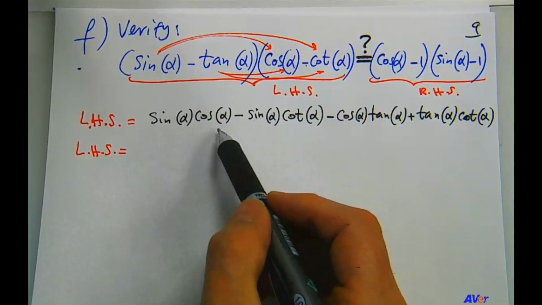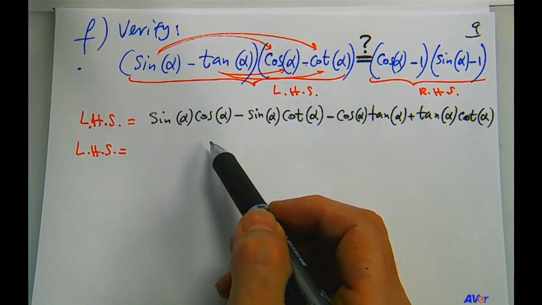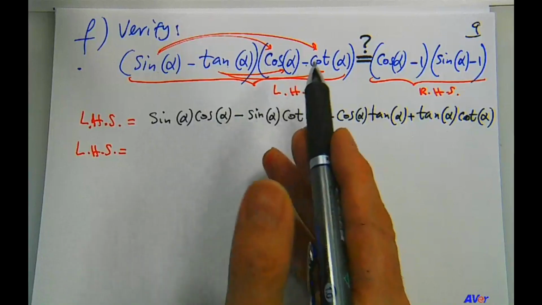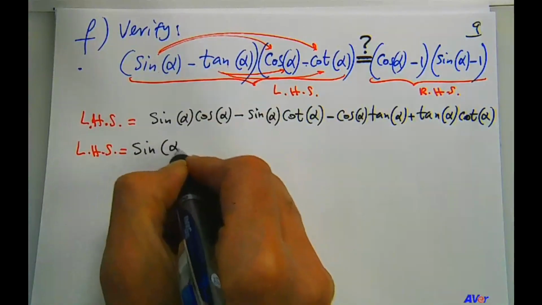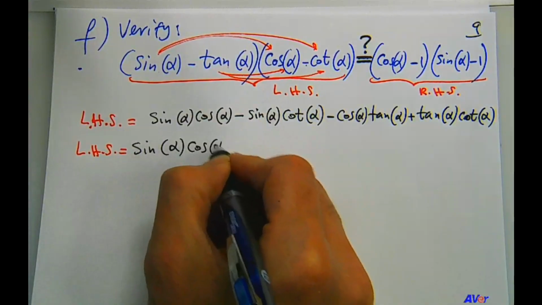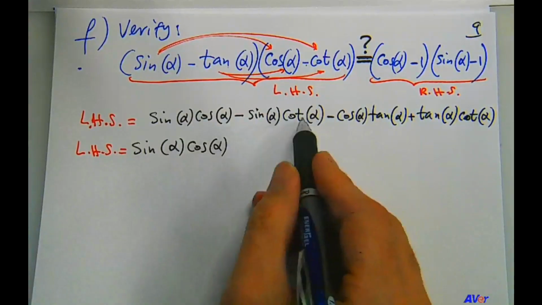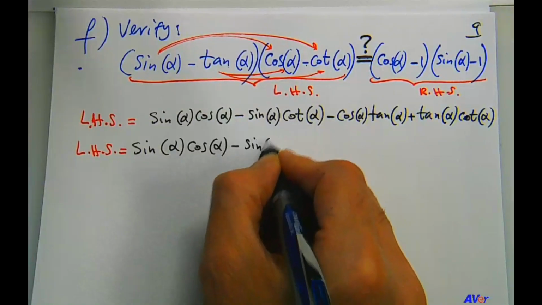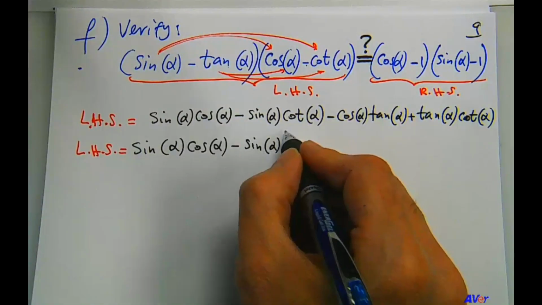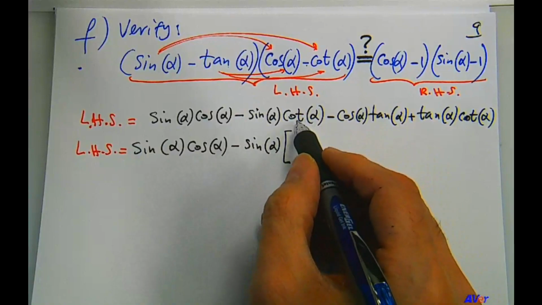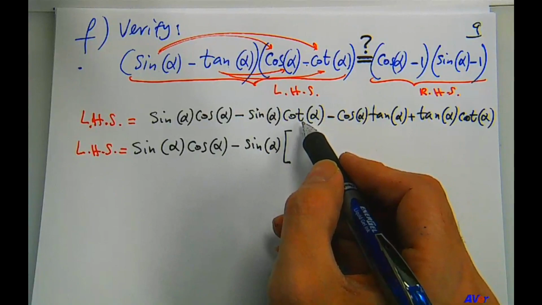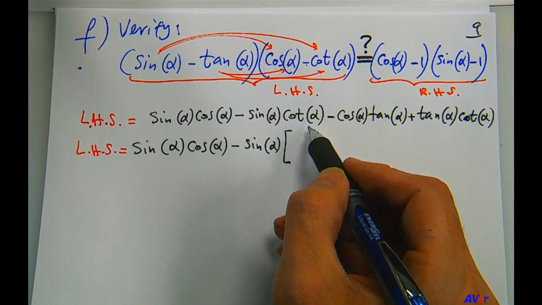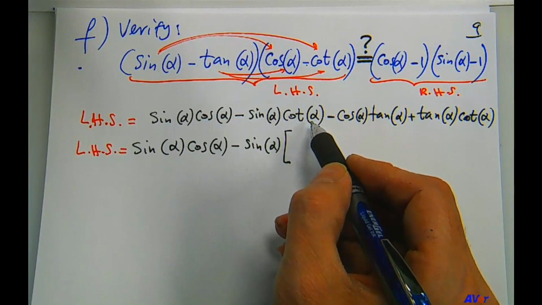So let's see what we can or cannot simplify here. The sine and cosine are the most basic components, so let's write them down quickly. And so this one, we have minus sine of alpha. Cotangent can be written in terms of cosine and sine, right? Do you remember how the ratio works? Cotangent of alpha is equal to cosine divided by sine.